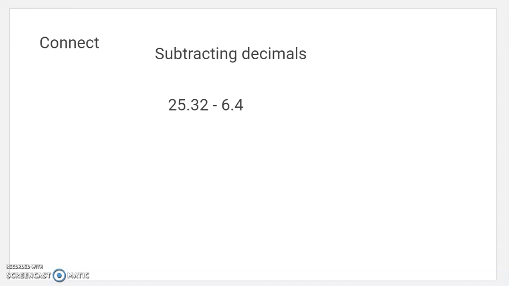So last time, we sometimes subtracted decimals where the top number had more places than the bottom number. When I set this one up, this has 4 digits: tens, ones, tenths, hundredths. This one only has ones and tenths.